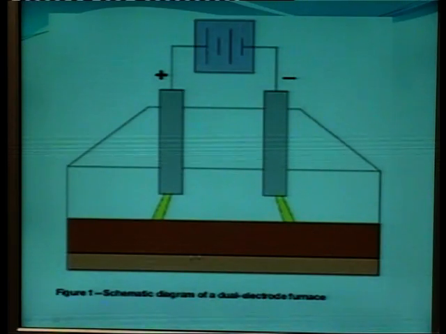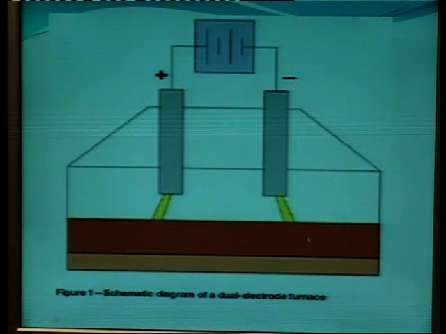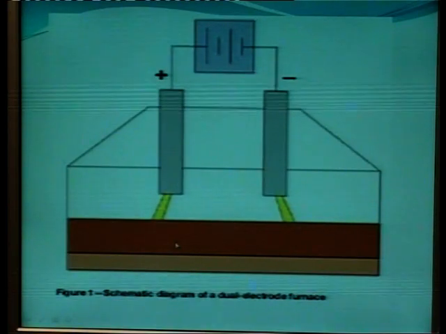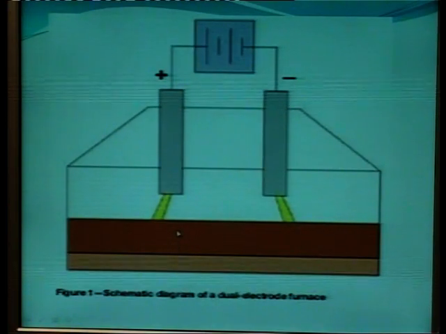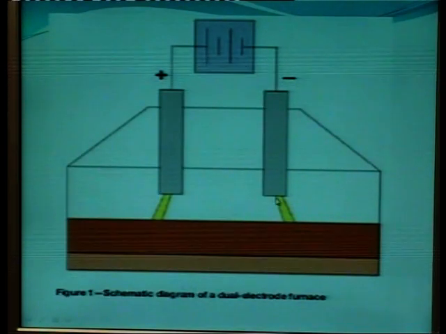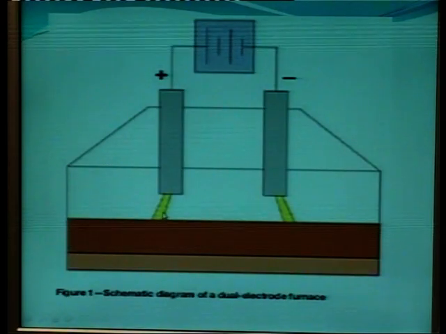So the current will provide the steering action. So the uniform material is obtained, or you can say that the purer product is obtained from the direct arc furnace. And here the temperature obtained is very high, because the charge is in direct contact with the arc.